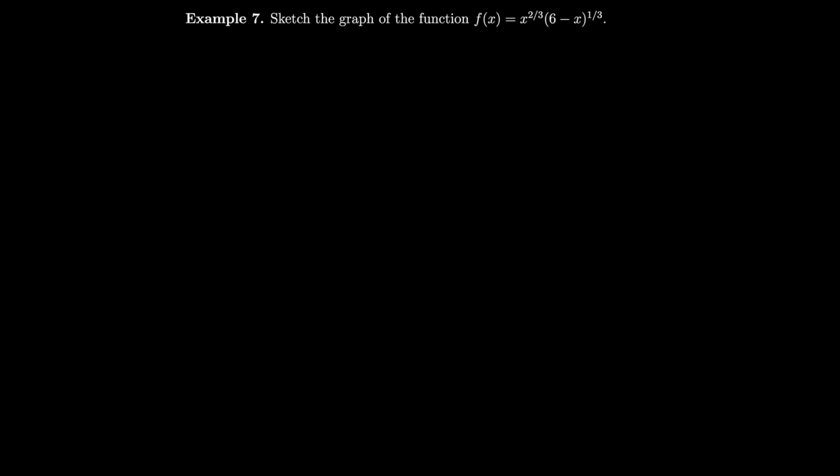Let's sketch the graph of the function f of x equals x to the 2/3 times 6 minus x to the 1/3. Alright, it looks horrible, because it is horrible. So taking the derivative is also horrible. So we're going to use a little bit of movie magic and just tell you what the derivative is. You can calculate it using the product rule.